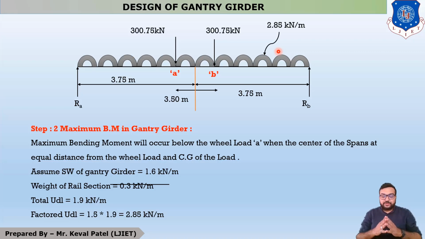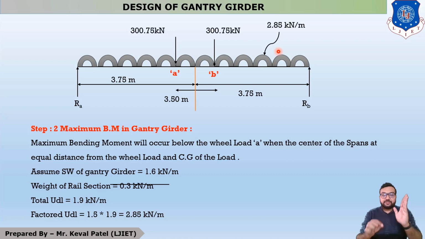So in the question, it is clearly mentioned that the wheelbase, the center to center distance between two wheels, is given as 3.5 meter. So 3.5 meter divided by 4 is 0.875. Now this 0.875 meter is from the center of the span.